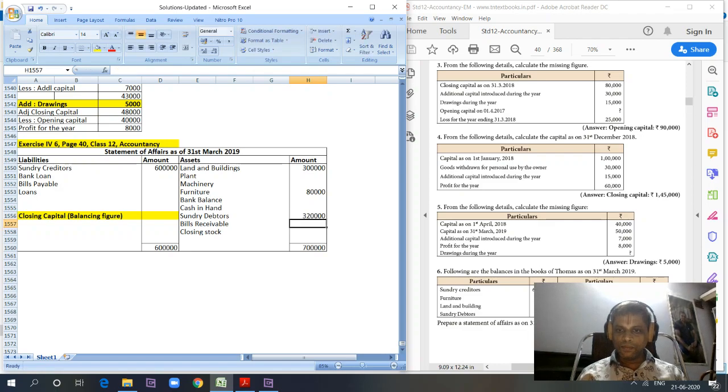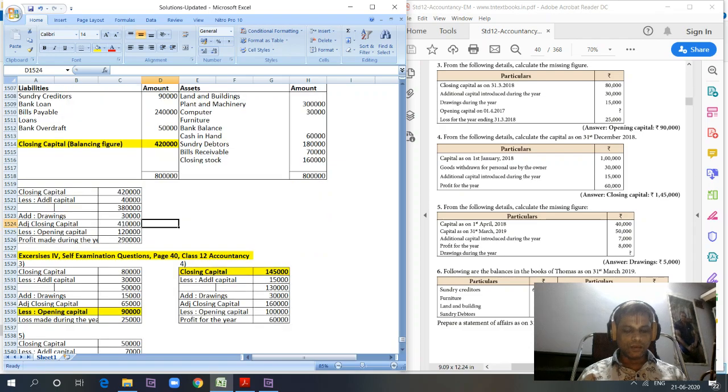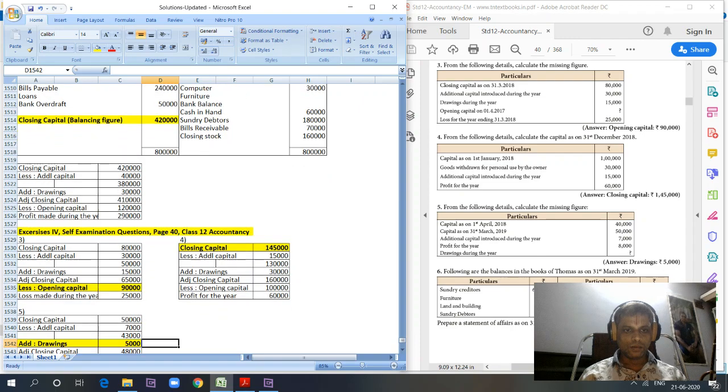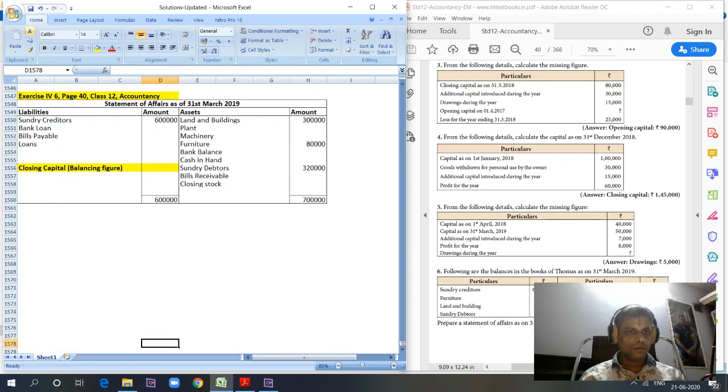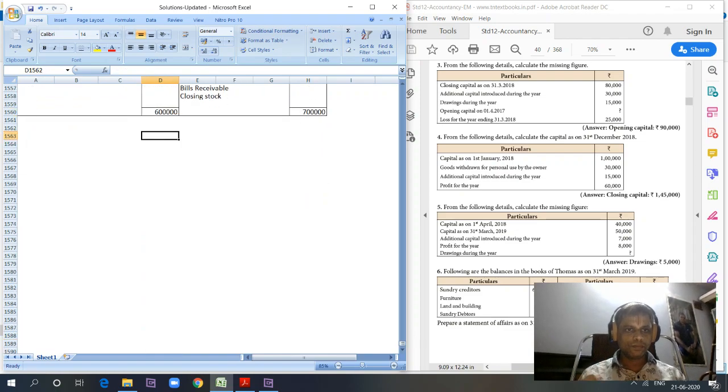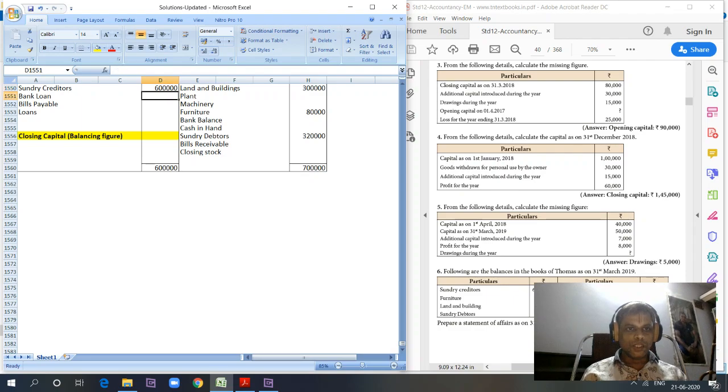Then we have bills payable 1 lakh 20,000.